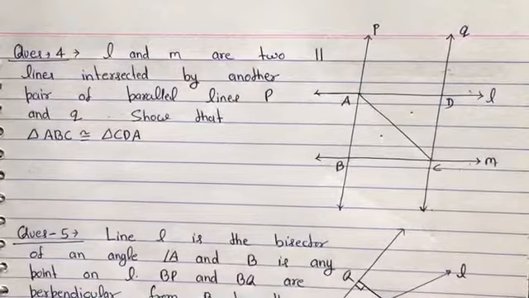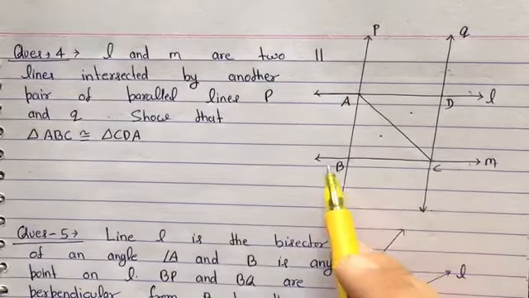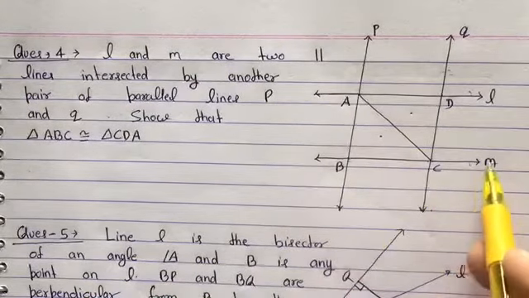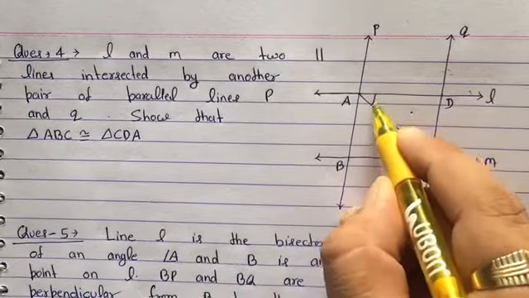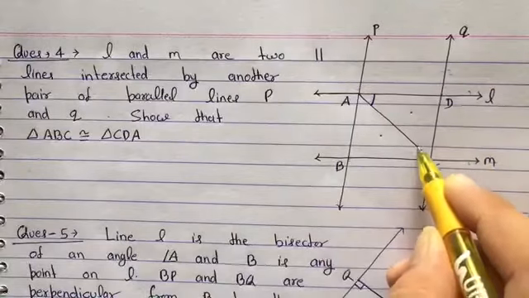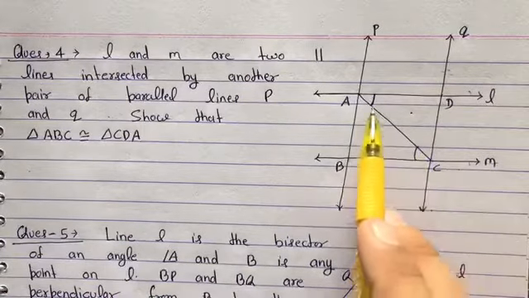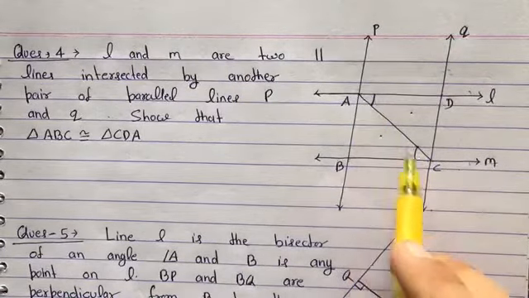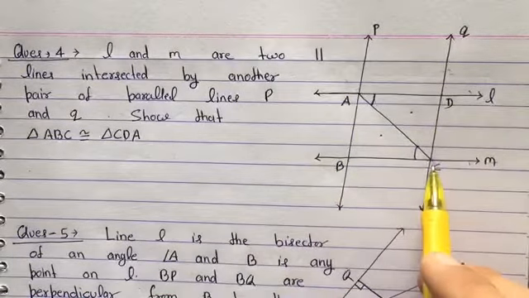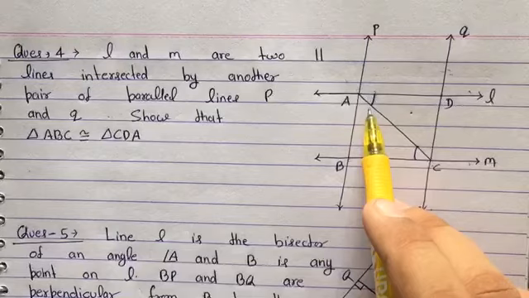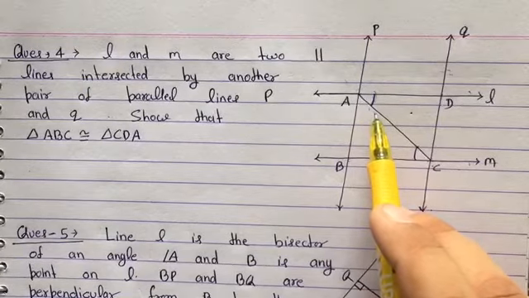Look at how it will work. Lines L and M both are parallel to each other, that's why this angle and this angle are equal due to the alternate interior angles. These two lines are parallel, this works as a transversal, these two are equal due to the alternate interior angle.